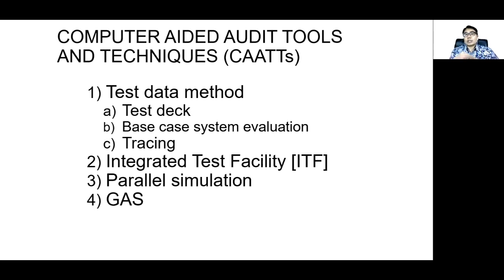For example, one valid test data we input inside the system, and the CATS will trace the data from one process to another process to make sure that the data actually has access to the appropriate program control.